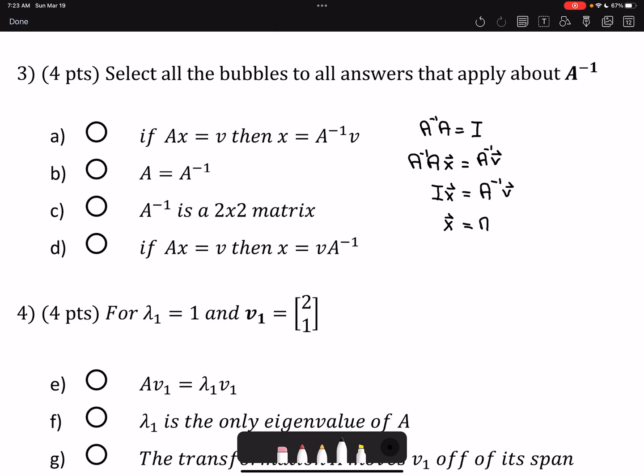And so we can say that this is actually true, and that's what we have over here. And they want us to select all bubbles that apply, and this one definitely applies. So I'll select this bubble.